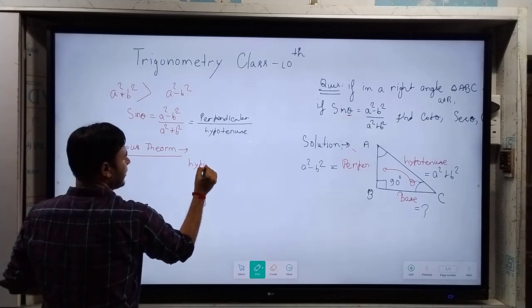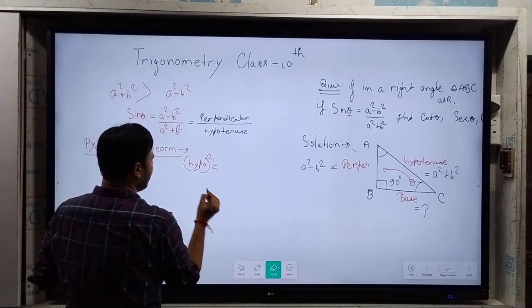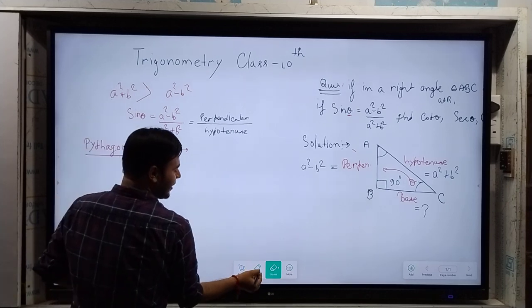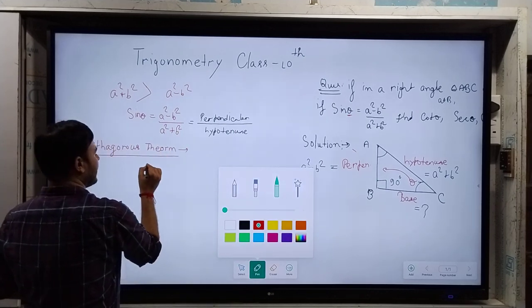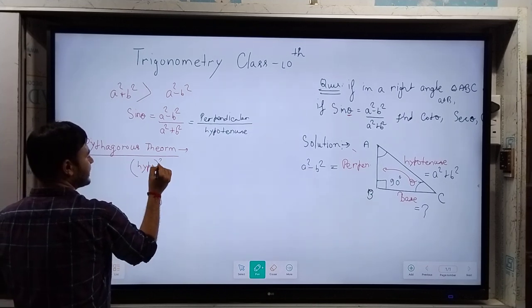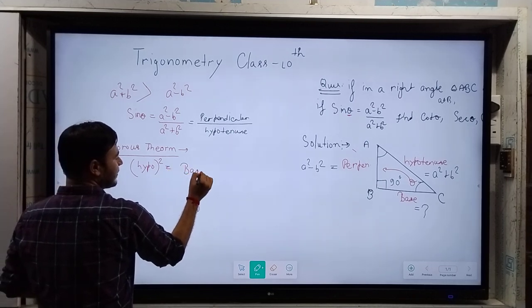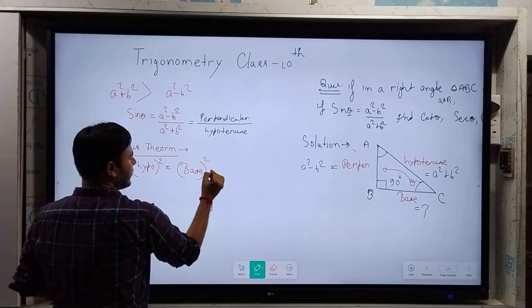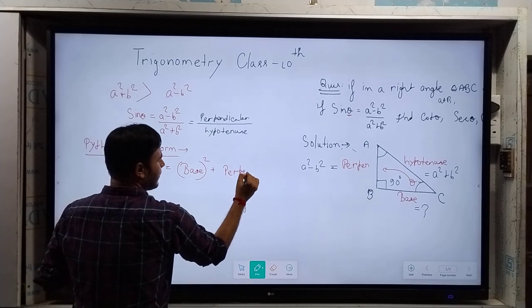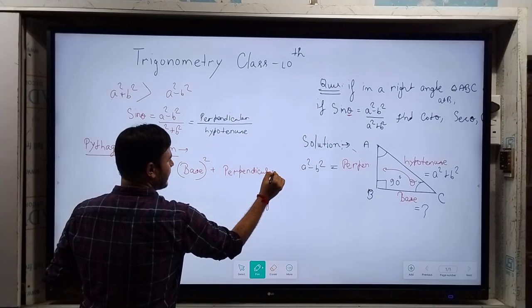Hypotenuse, now we write in short way. Hypotenuse square is equal to base square plus perpendicular square.